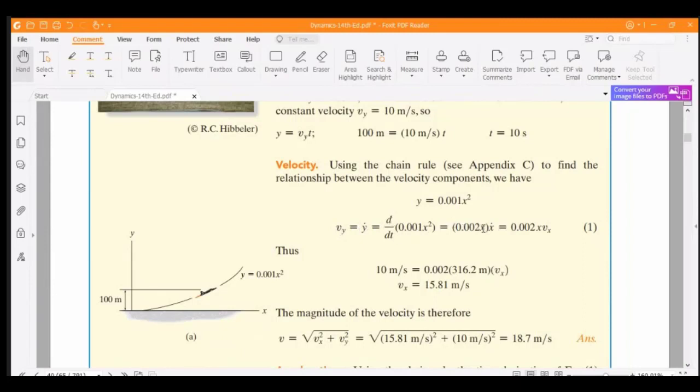So it will become 0.002 x into x dot, because as this is a square, one will be derived, one will come out, and the other will be dx by dt. So anyway, x dot we have written, and x dot is equal to vx.